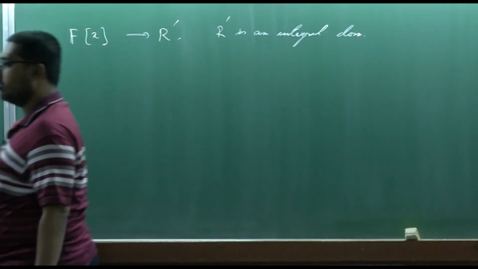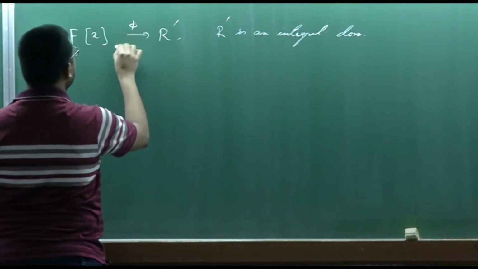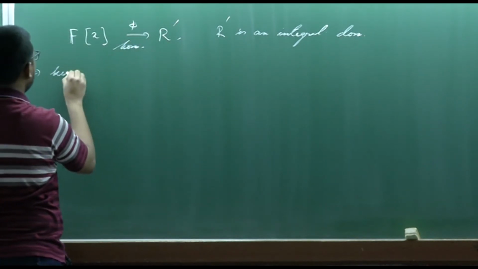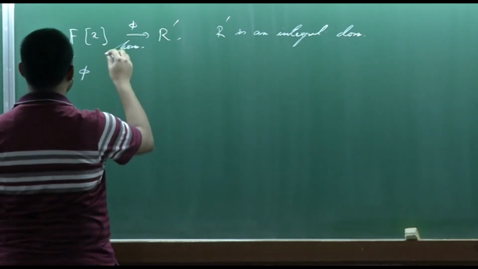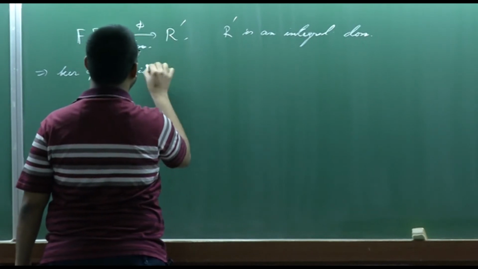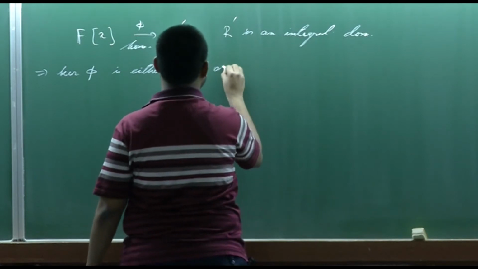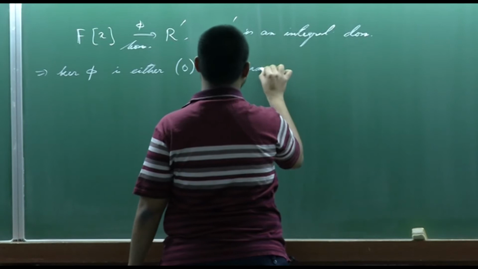So, if phi is a homomorphism, then kernel phi, this is an important observation here, kernel phi is either trivial or it has to be a maximal ideal, right.